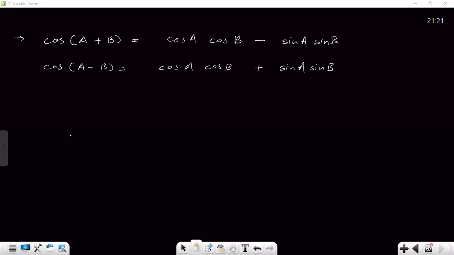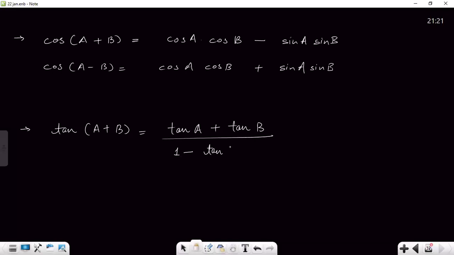Now let's talk about the sum and difference formula of tan. So tan of A plus B is equal to tan of A plus tan of B divided by 1 minus tan A multiplied with tan B. Important formula.